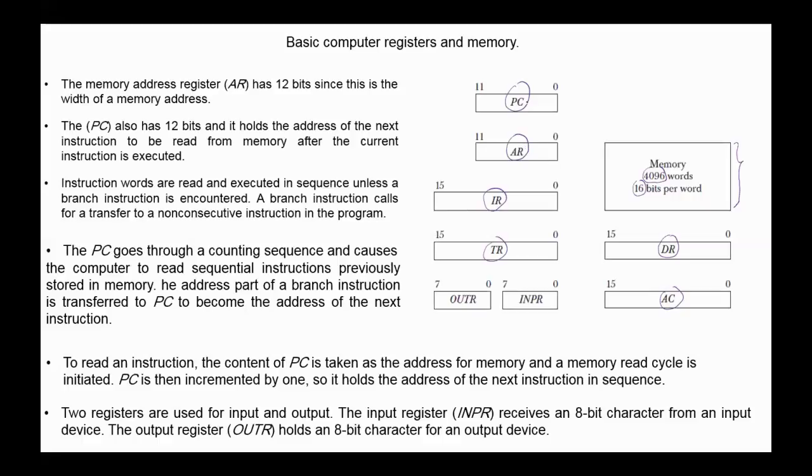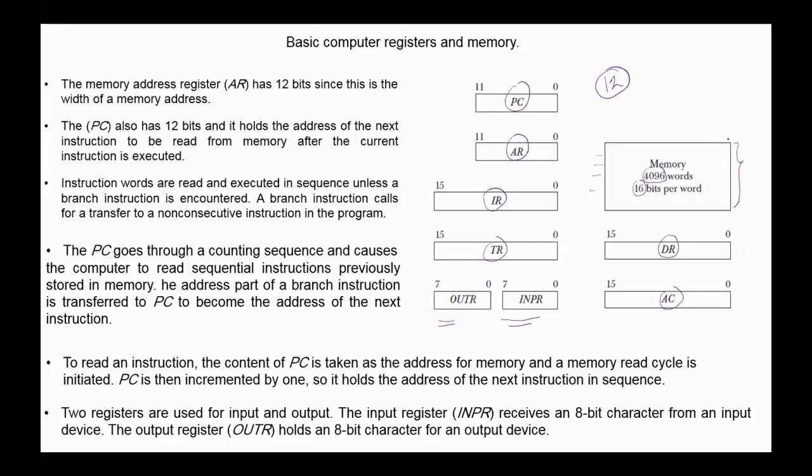And the size of the program counter and the address register is 12 bits, since we need 12 bits to address any of these locations. There are two registers, the input register and the output register, of size 1 byte each. The input register receives an 8-bit character from an input device, and the output register holds an 8-bit character for an output device.